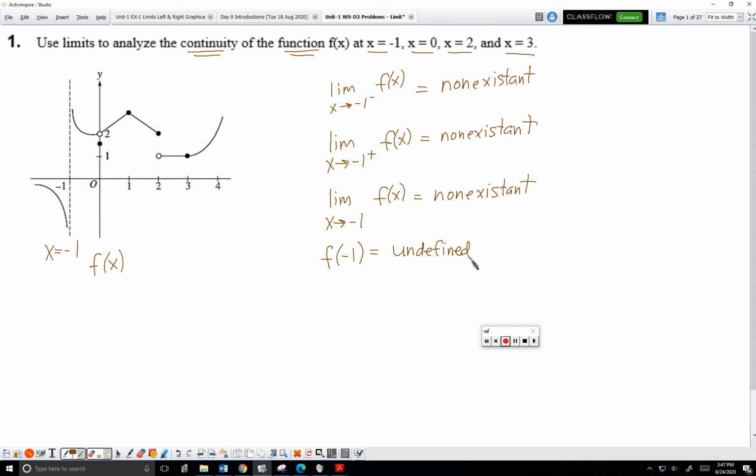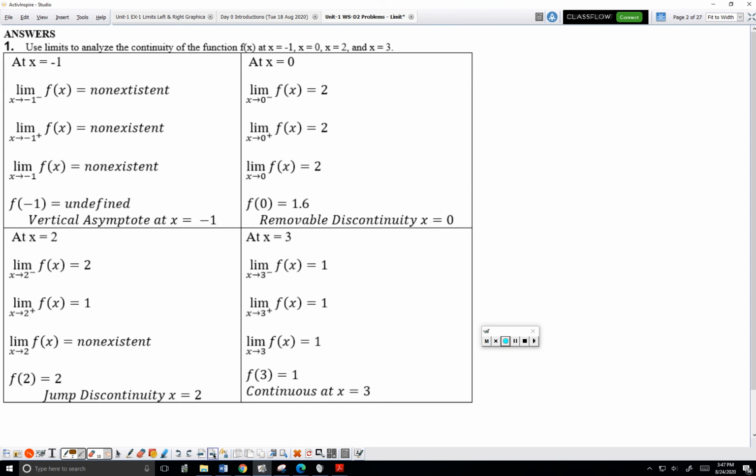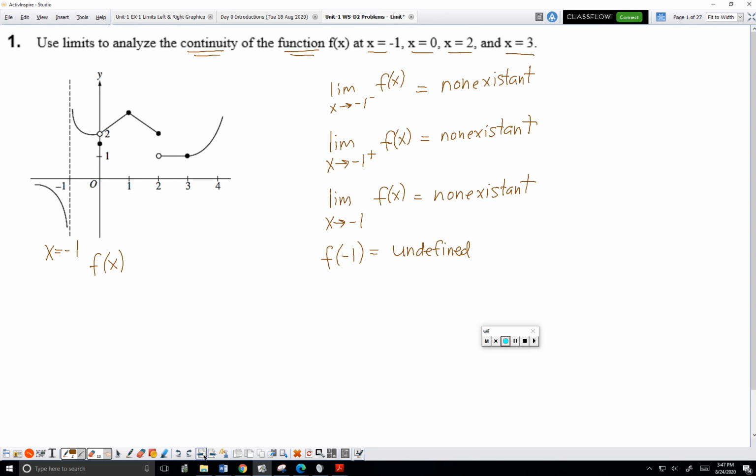Then you turn to the back of the homework and just verify that your thinking was correct. So here's the answer to number 1. Oh, I forgot. I need to indicate on my homework that there certainly is a vertical asymptote at x equal -1. Again, we're practicing for the written section of the AP test, so don't forget to write that.